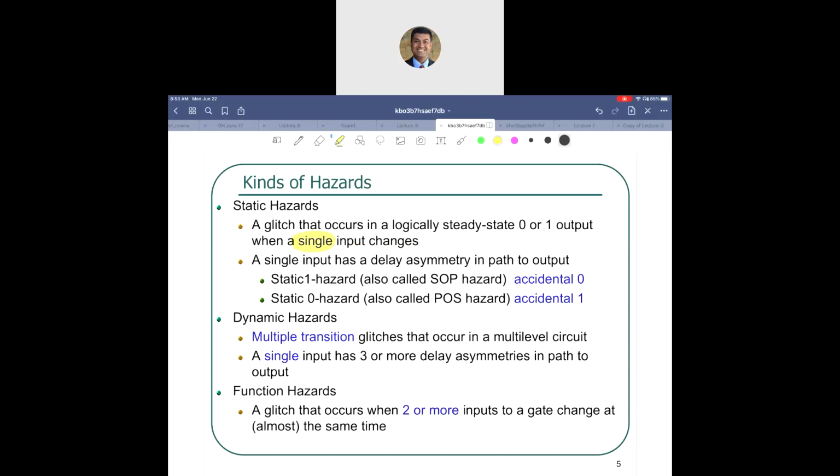X was changing from 1 to 0, and that was the problem. What this means is, if you have a circuit in which there are more than one inputs, to observe static hazards, you will not be looking at changing all the inputs. You will be leaving all the others the same and only changing X. So it's about the output behavior when a single input changes.